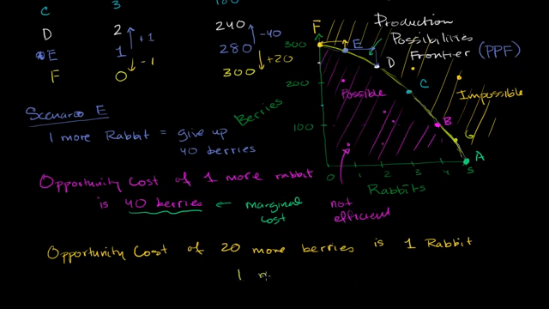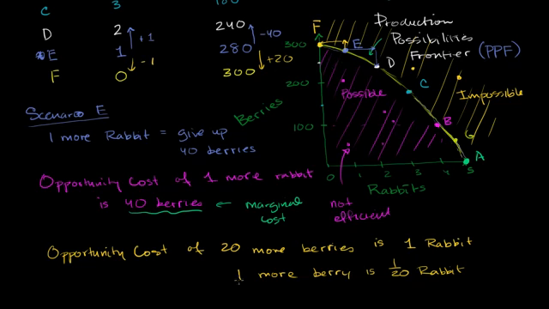So one more berry, and I'll assume, for those of you who want to get technical, that it's somewhat linear right over here. One more berry, if we divide both sides by 20, is 1/20th of a rabbit. So if I go for one extra berry, sitting in scenario E, on average, I'm going to give up 1/20th of a rabbit.